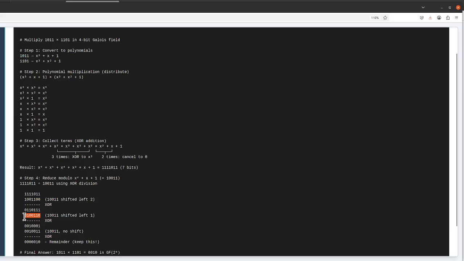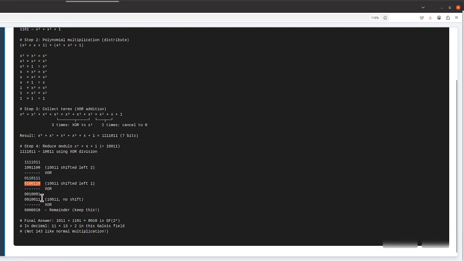Now, XOR them. Beginning with 0 1, ending with 1 1 XOR beginning with 0 1, ending with 1 0. This second number, beginning with 0 1, ending with 1 0, is 1 0 0 1 1 shifted left 1 position. The result equals beginning with 0 0, ending with 0 1.